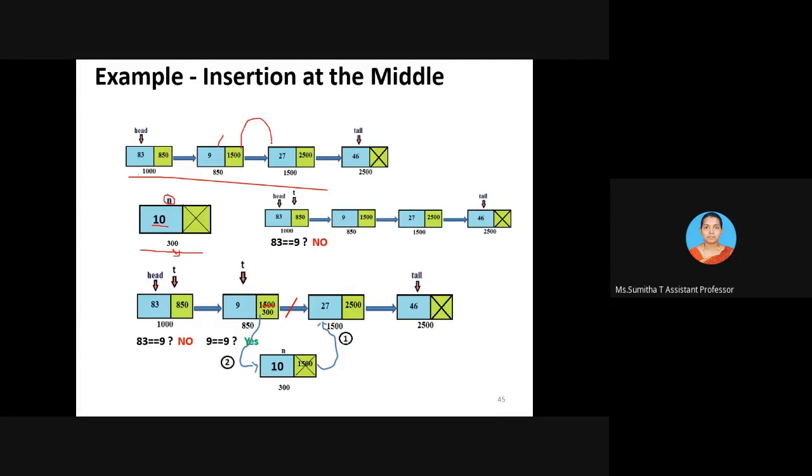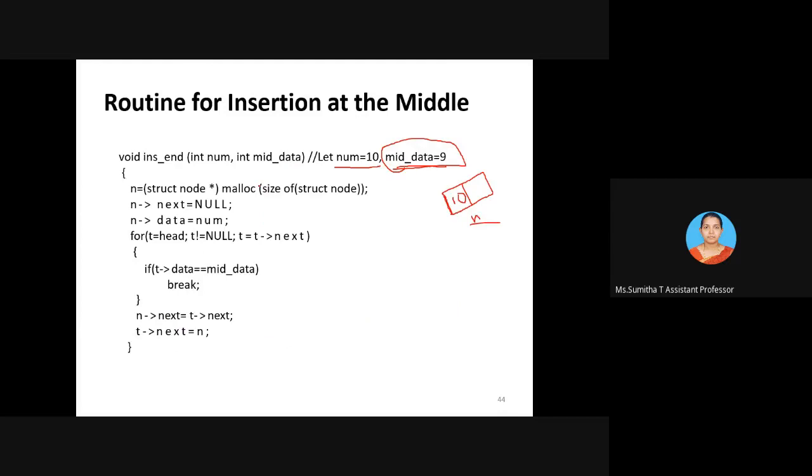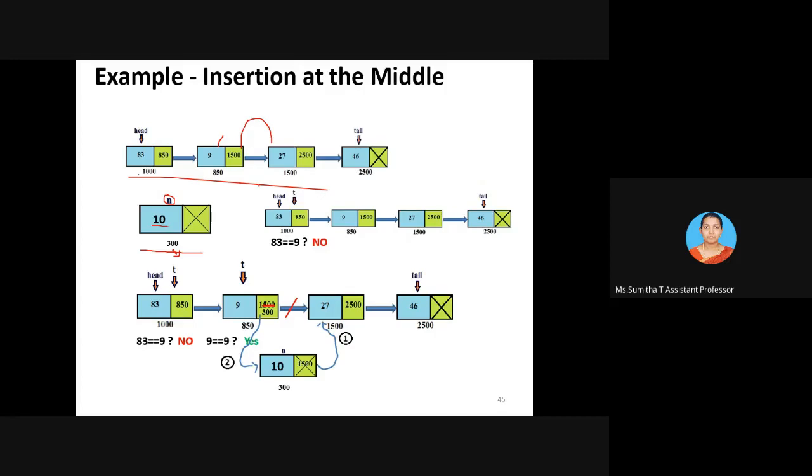For that, I'm going to check two conditions: whether the particular node is head or tail. I start from the head only, so I check the head node, and then check the element also, because I insert after 9 only.